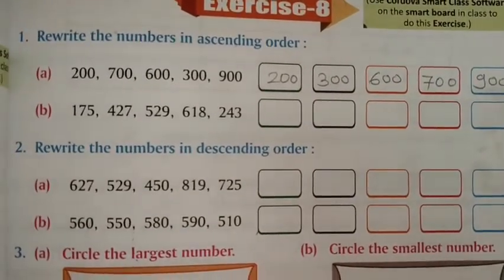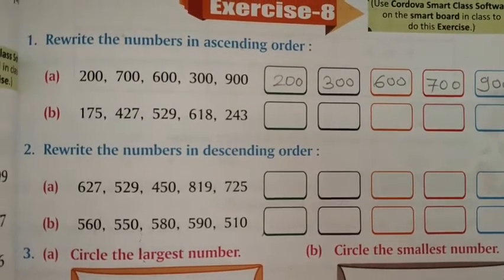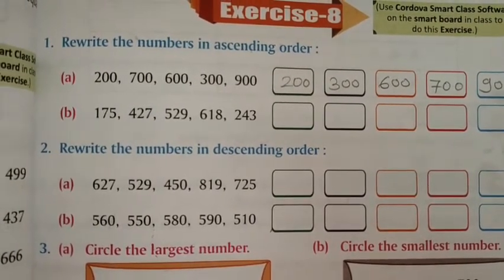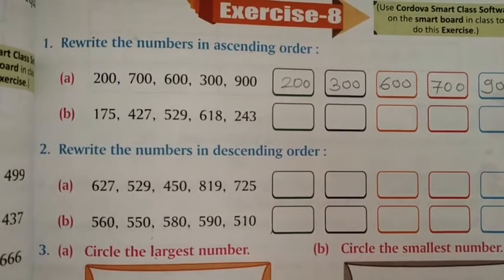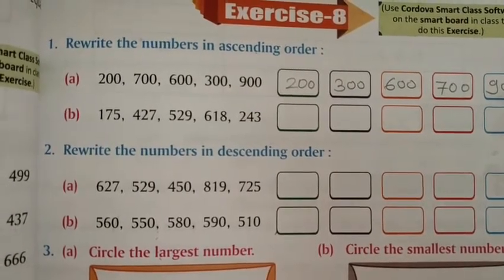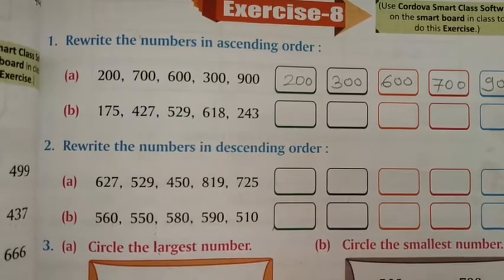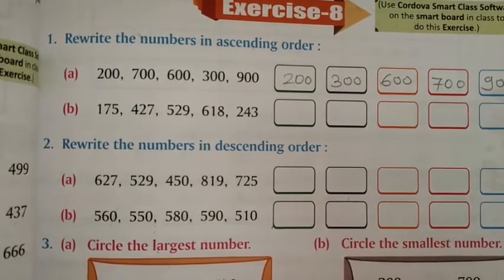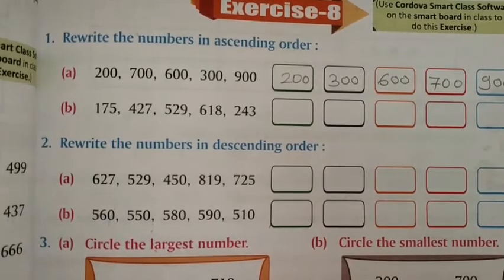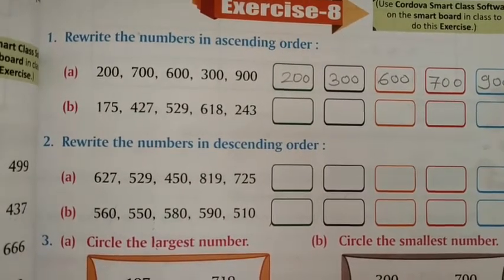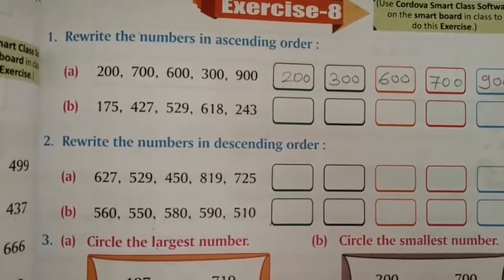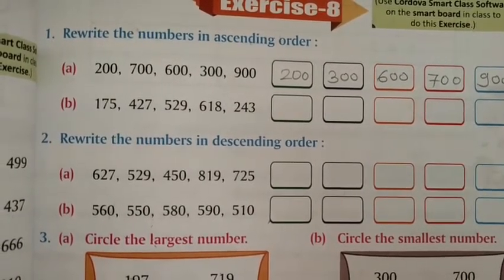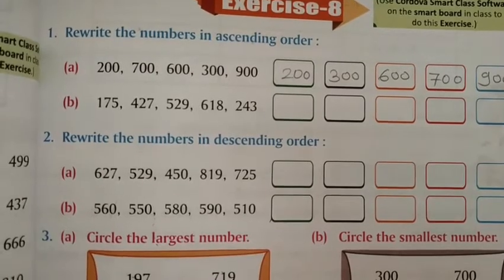So, look at the hundreds place first. 1, 4, 5, 6, 2. Which number is the smallest? 1. 175 is the smallest number. Then 2. 243 is the next smallest.